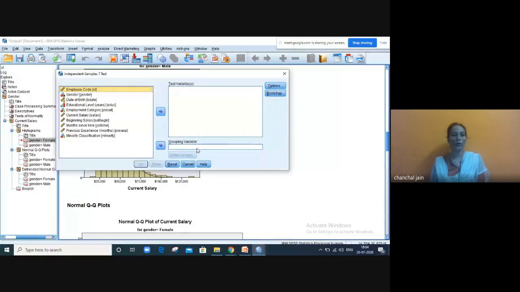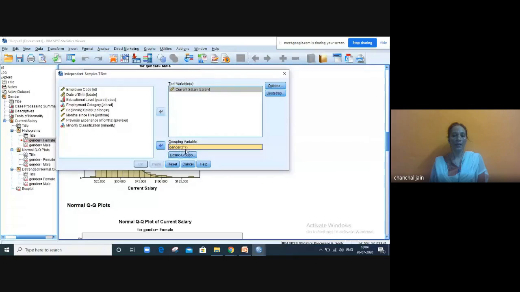As we know that current salary is the dependent variable, we are shifting this to the Test Variables box, and gender is our independent variable, so I am keeping this variable here in the Grouping Variable box. Now when you shift your independent variable here, you will see that the Define Groups button will be activated.